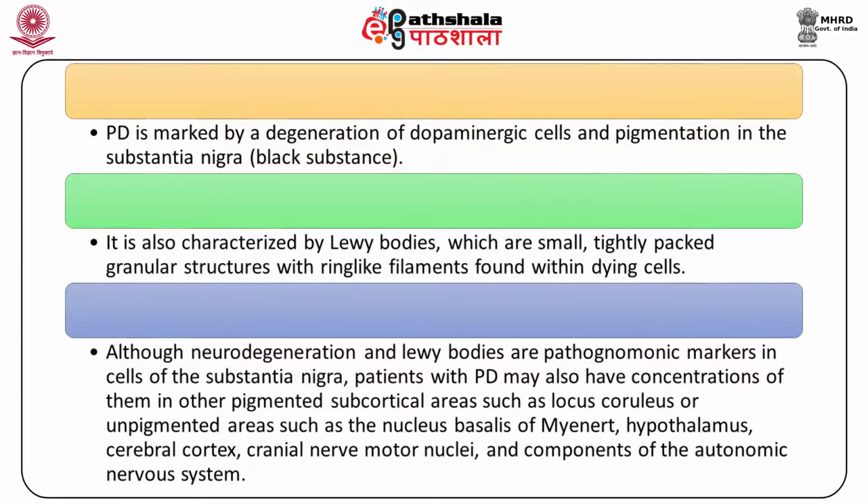pathognomonic markers in cells of the substantia nigra, patients with PD may also have concentrations of them in other pigmented subcortical areas such as the locus coeruleus, or unpigmented areas such as the nucleus basalis of Meynert, hypothalamus, cerebral cortex, cranial nerve motor nuclei and the components of the autonomic nervous system.